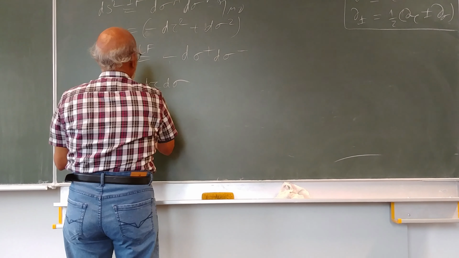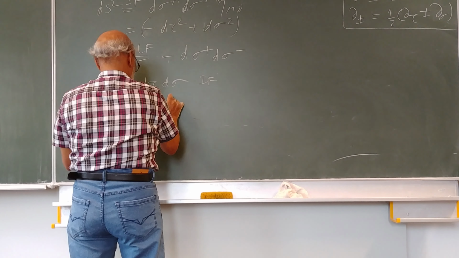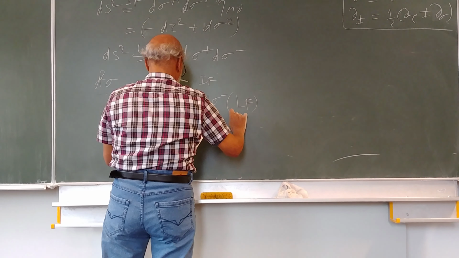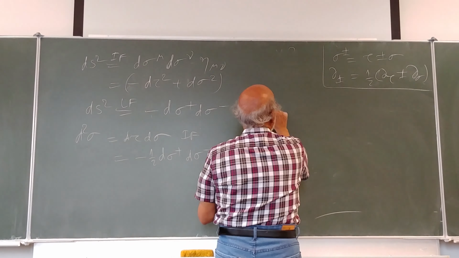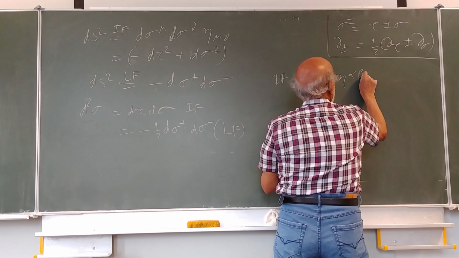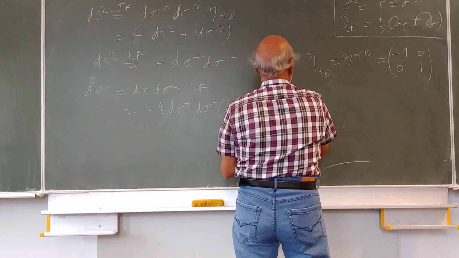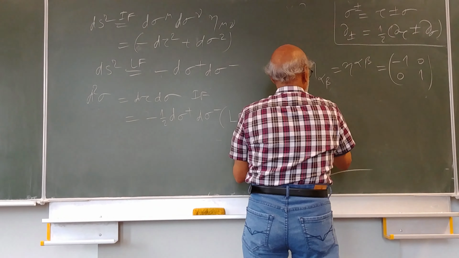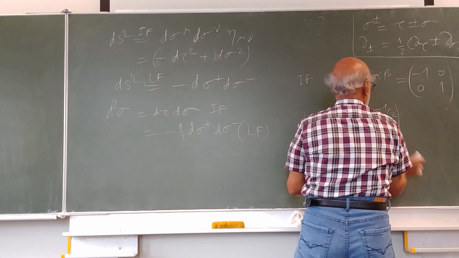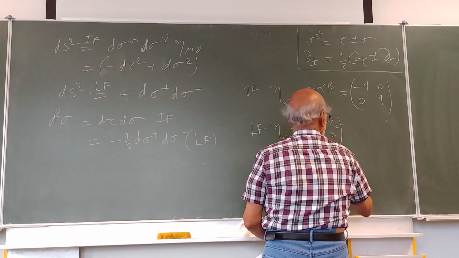So actually what happens is, in the instant form your eta alpha beta is minus 1, 0, 0, plus 1, whereas in the light form eta alpha beta would be 0, minus 1/2, minus 1/2, 0, and the inverse would be 0, minus 2, minus 2, 0.